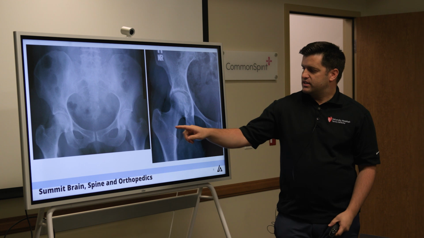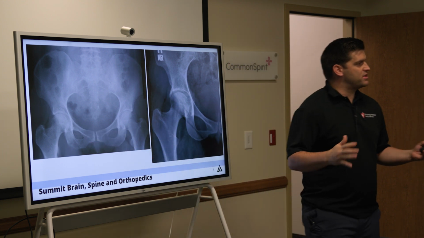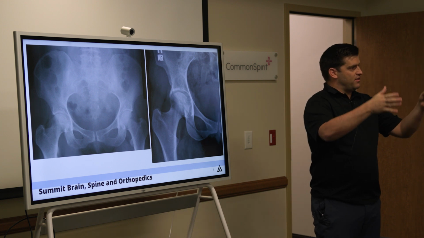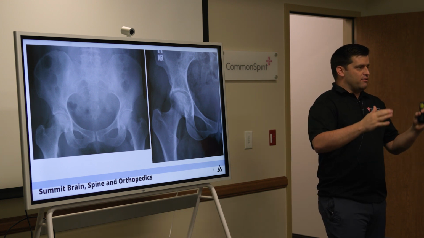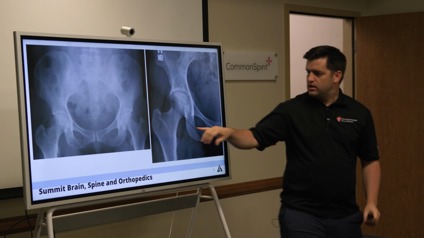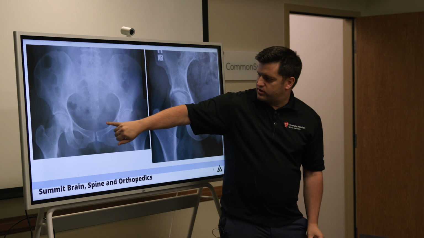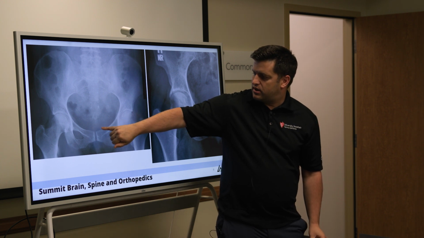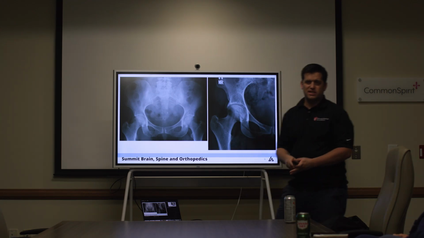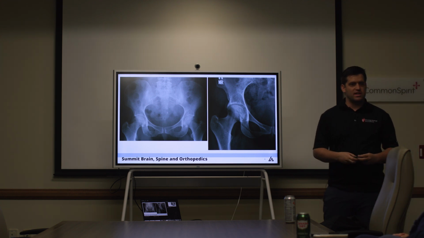One of the first things I look for is the obturator foramen: is it pretty symmetric on both sides? If you're taking a straight-on view with the x-ray tilted the way it's supposed to be, the obturator foramen will look symmetric on both sides. The other thing you look for is the distance between the tip of the coccyx and the top of the pubic symphysis. Depending on male or female, that should be between 1 and 3 centimeters.